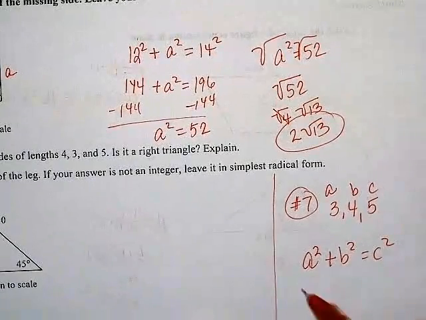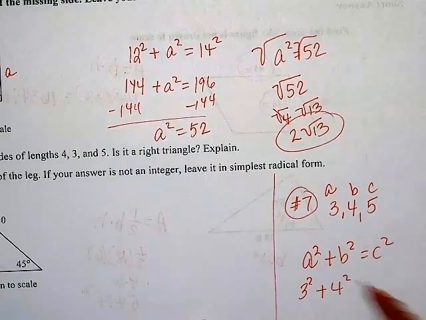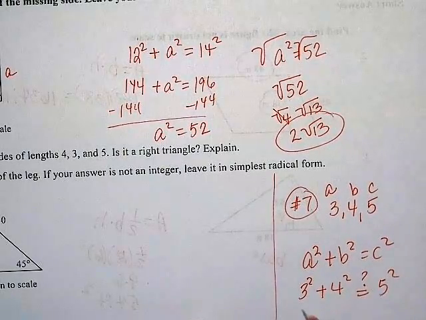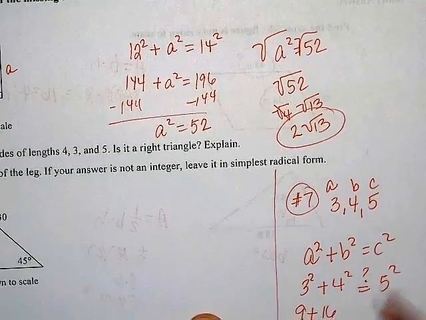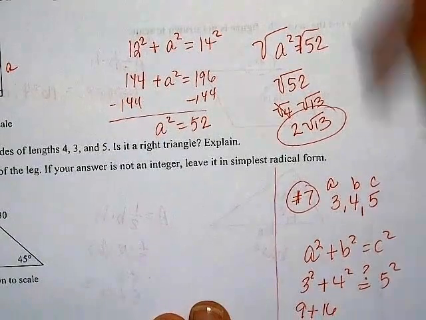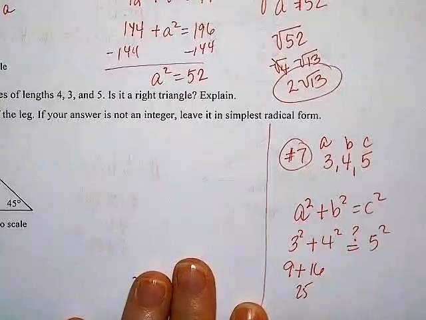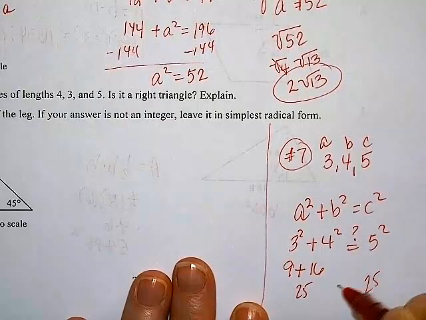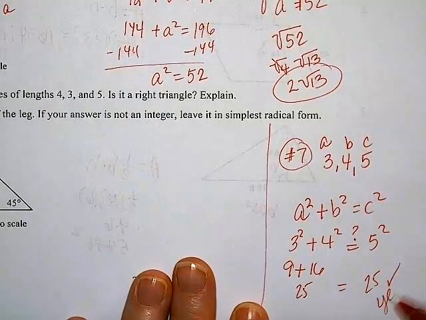So that would be 3 squared plus 4 squared. Is that equal to 5 squared? 9, 16, 25, and this side's 25, so yes, it works.